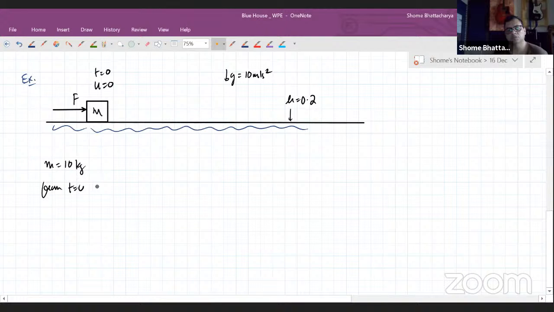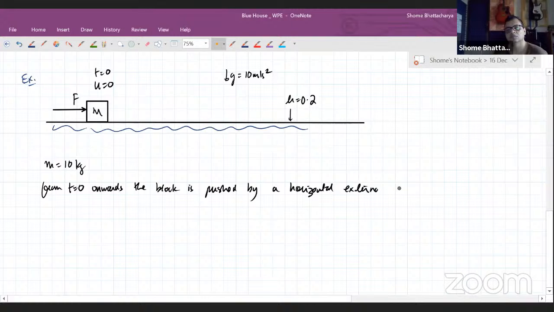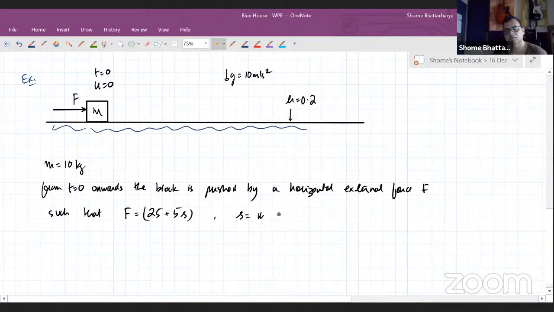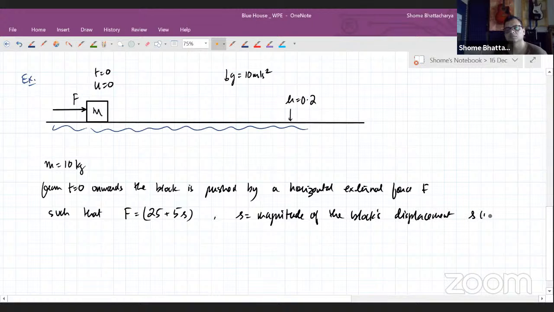From t equal to 0 onwards, the block is pushed by a horizontal external force F such that F equals 25 plus 5s, where s is the magnitude of the block's displacement in meters.